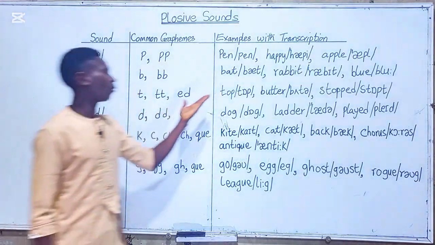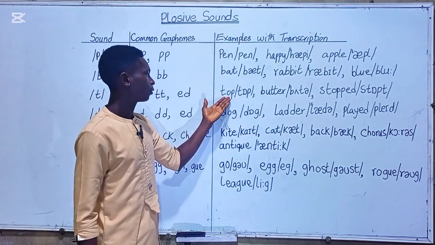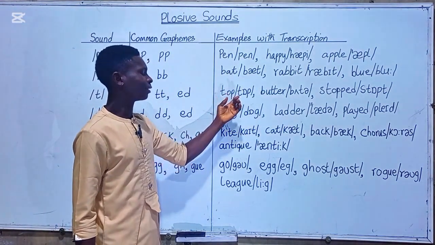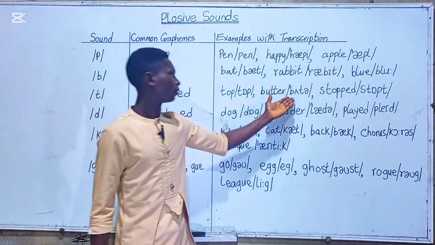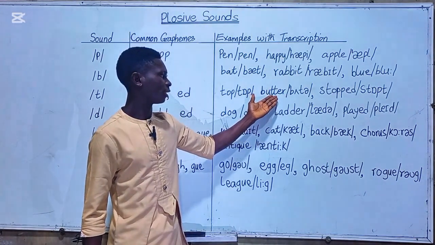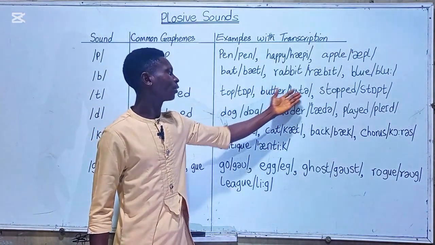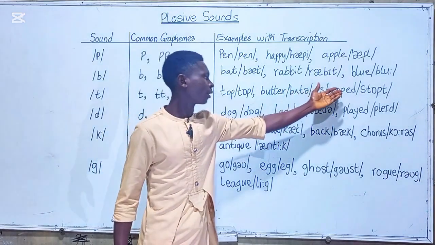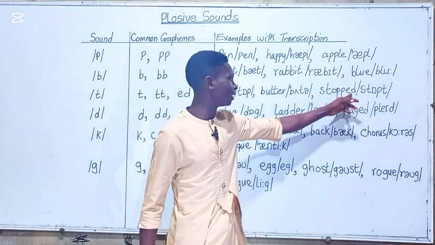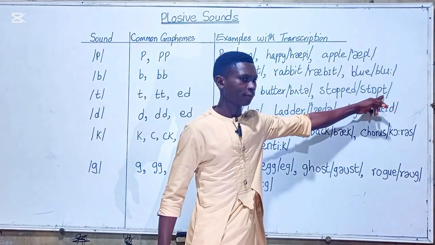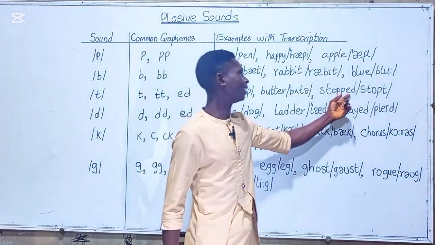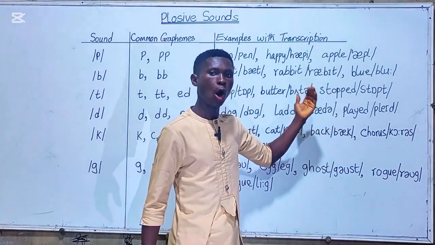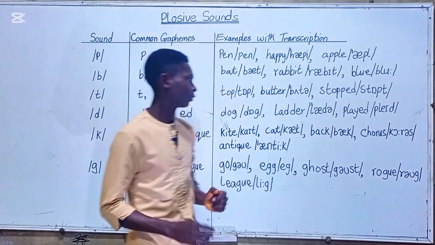For instance, in words like top, the first sound there is T. Then butter. In place of TT, we have T. Then stopped. In place of ED, we have T. This is to prove that we can have ED as a spelling of the T sound.